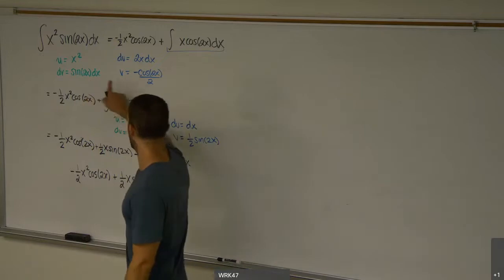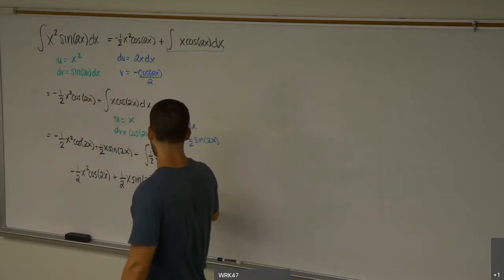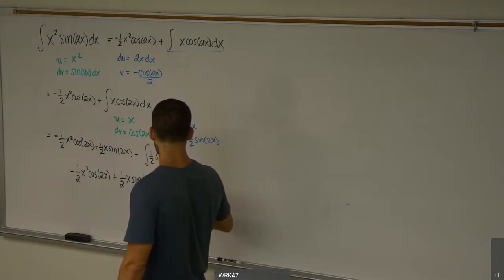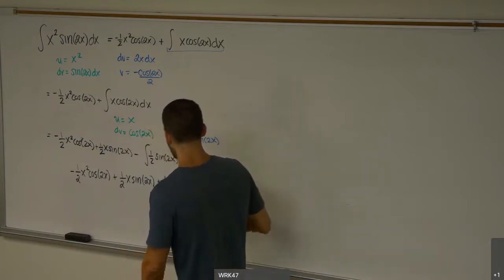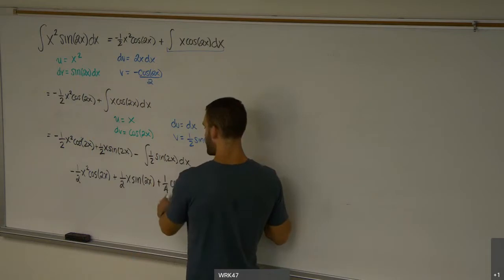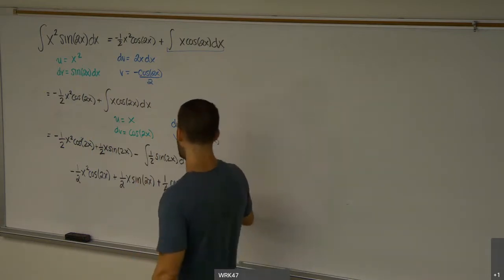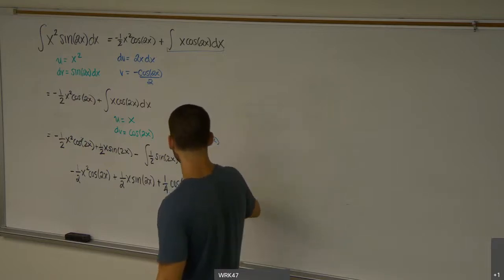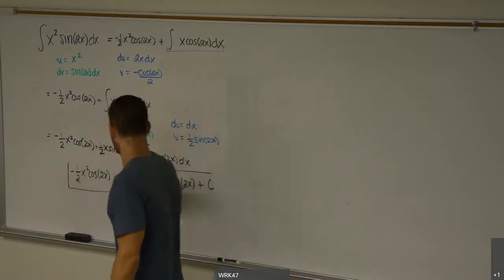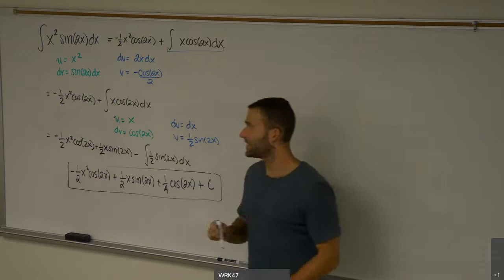So we get negative, negative makes positive, 1/4 cosine of 2x. You get cosine of 2x over 2, so that makes the 4 in the bottom. The minus minus makes plus, and then plus c. Giving me my answer.